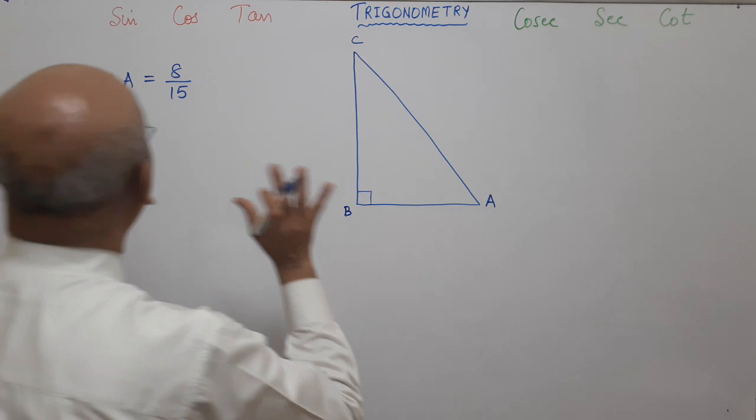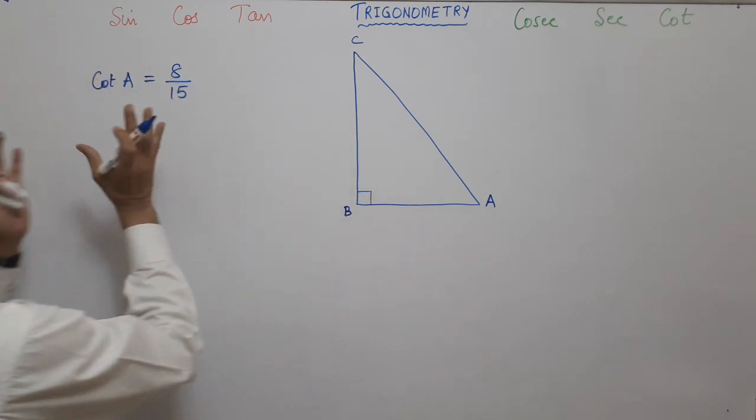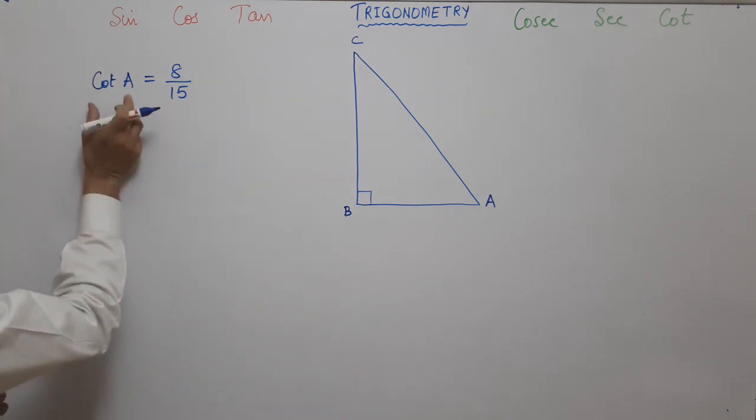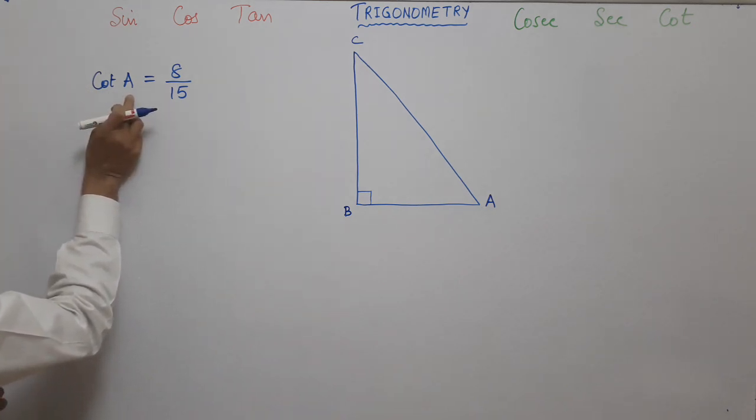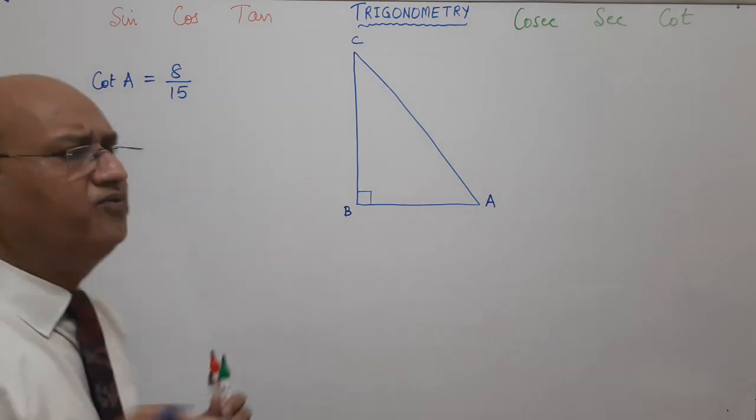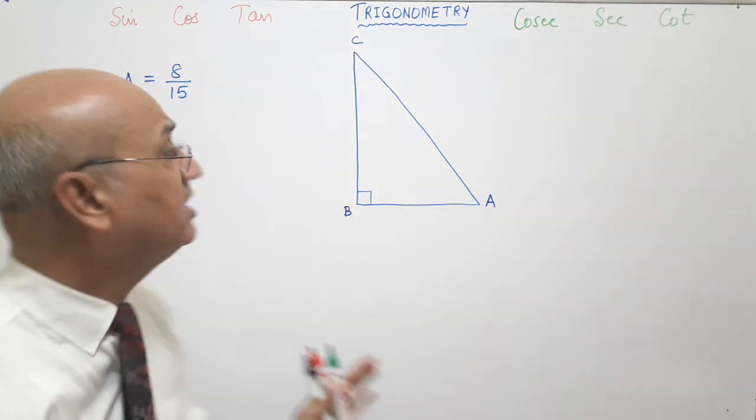Now, after giving names to the vertices, see which angle is associated with the trigonometric ratio: angle A. And this is the very important trick you have to remember.